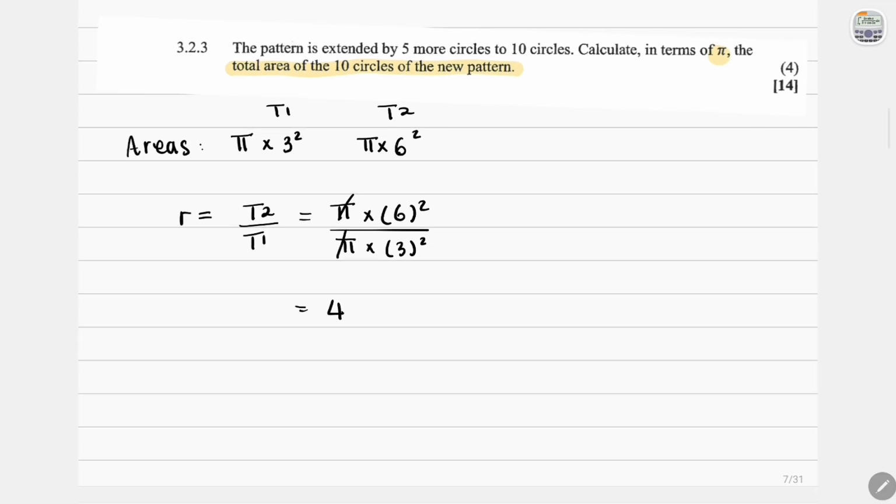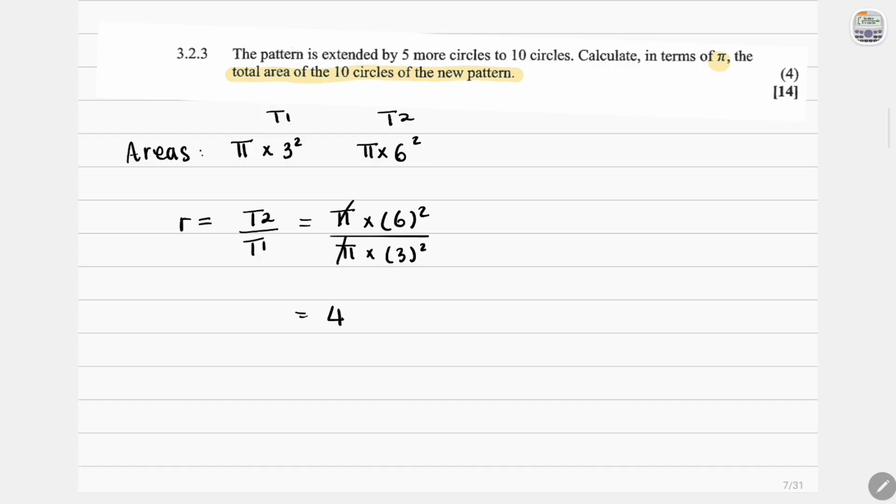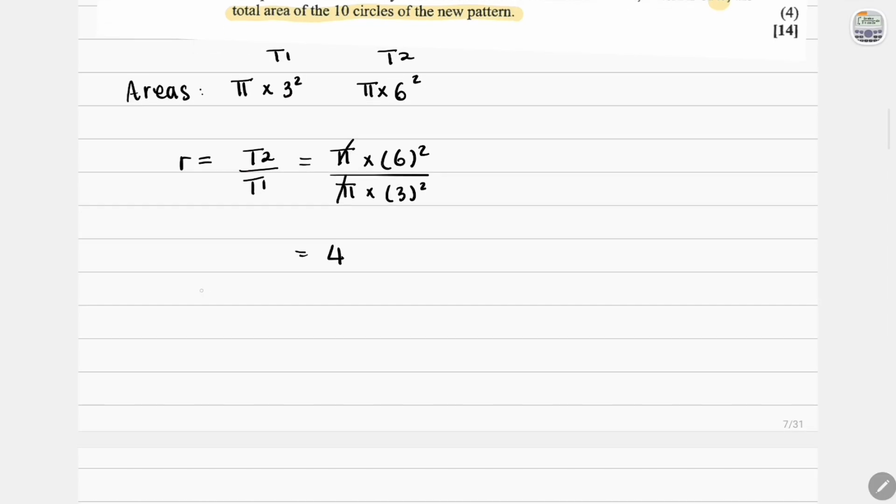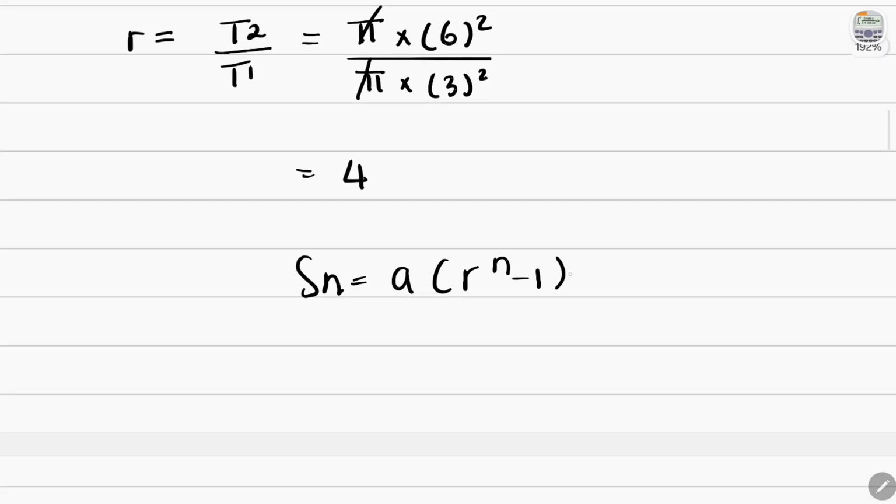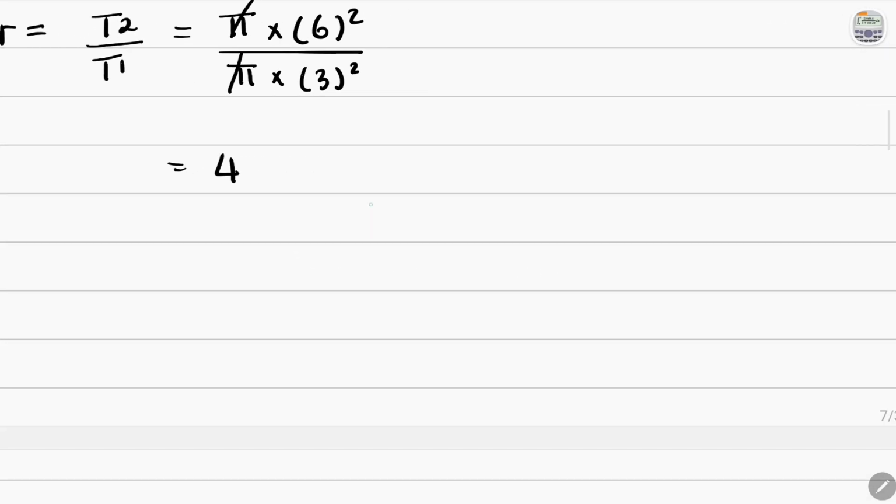And now we can find the sum of the circles, so 10 circles. Okay, so we're trying to find the sum of 10 terms, these terms, the areas. So we'll use Sn equals A multiplied by R raised to the power of n minus 1 all over R minus 1. We already have this formula, so we can just start substituting.